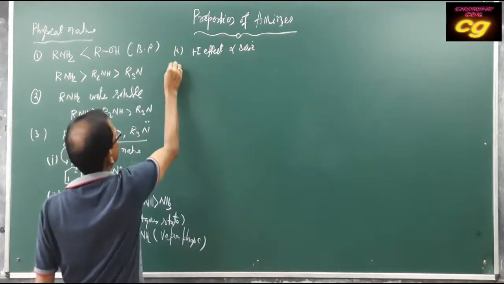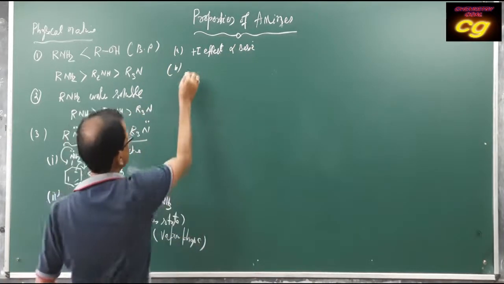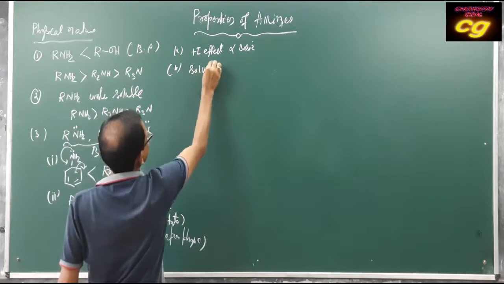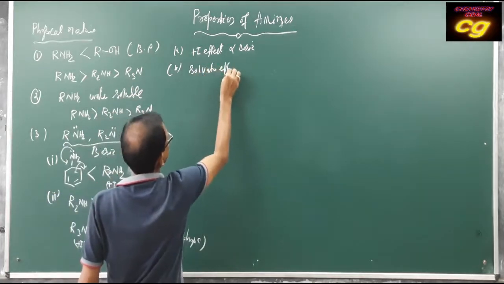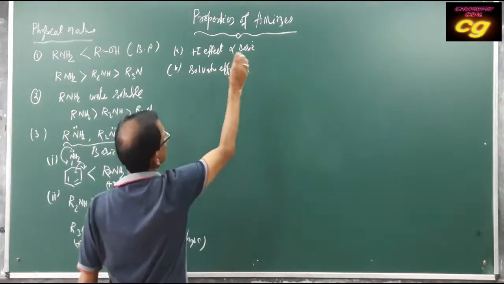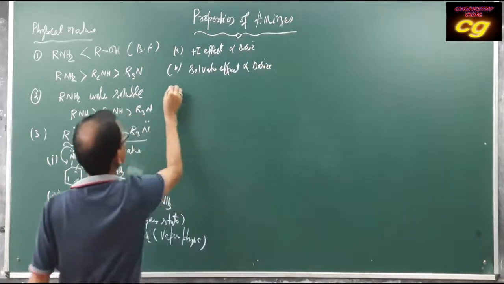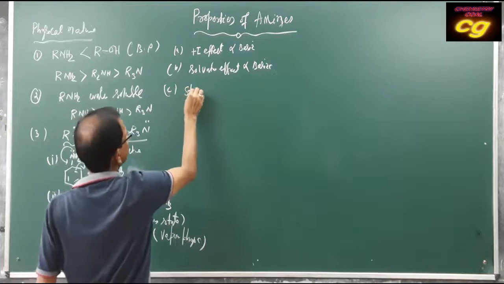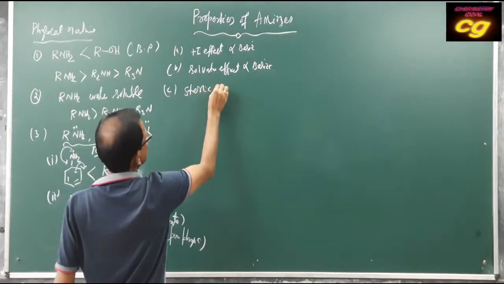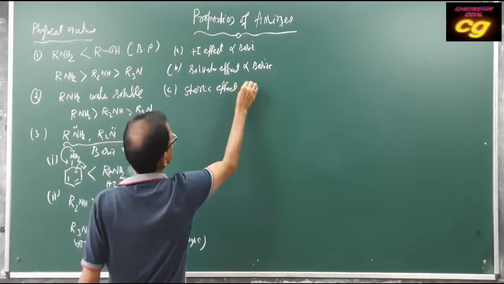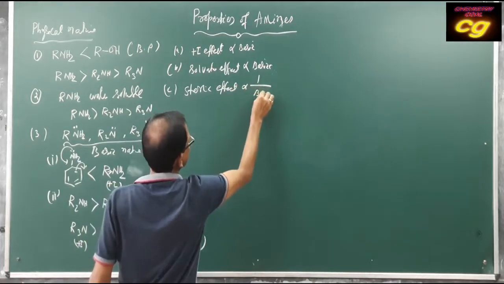Then the second factor is the solvation effect, which is also directly proportional to basic nature. The third one is the steric factor. Steric effect is inversely proportional to basic character.